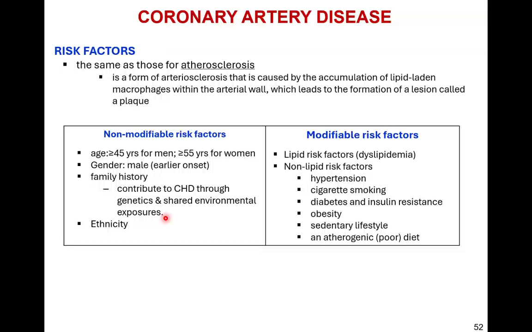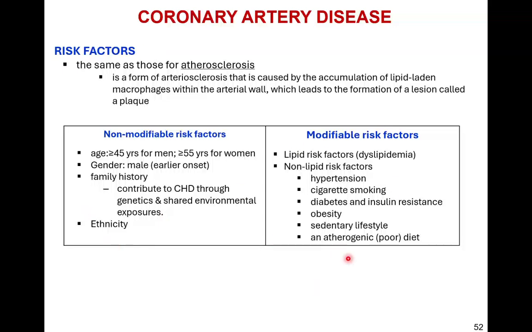One of the reasons is that the prevalence of smoking, diabetes and hypertension is greater among Black Americans and the Black population in general, and Hispanics. White Americans, or Caucasians, are more likely to have abnormal serum lipid levels. So you see there's a difference in terms of your ethnicity.